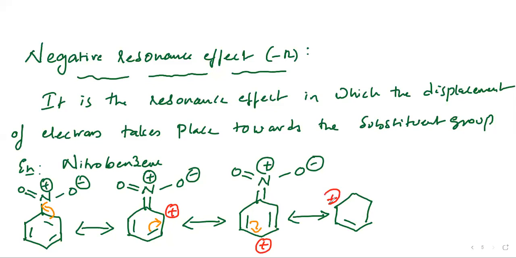We are showing with a positive charge. Double bond N plus O minus double bond. So all these four structures we can represent in one structure that we are calling a resonance hybrid. So let us draw a resonance hybrid, students. So this is a resonance hybrid.